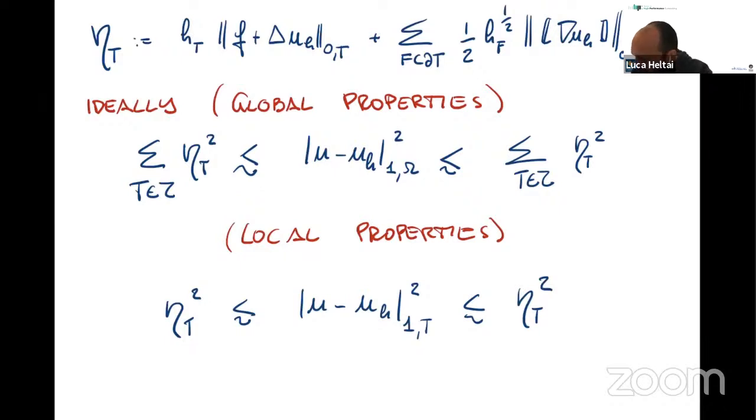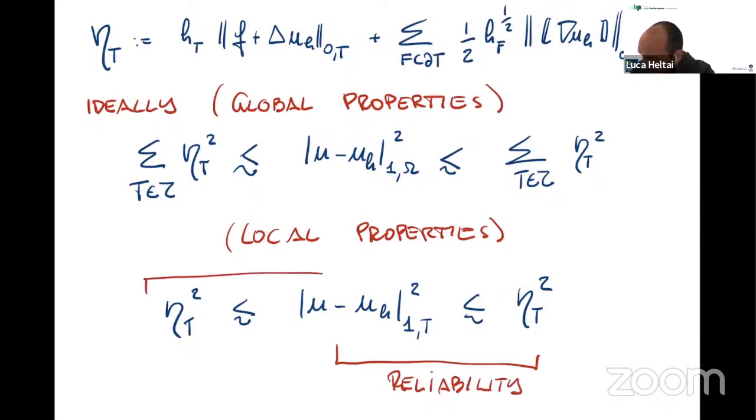So this part of the inequality is called reliability. And this part of the inequality is called optimality. So ideally, we would like these two properties to hold both globally and locally.